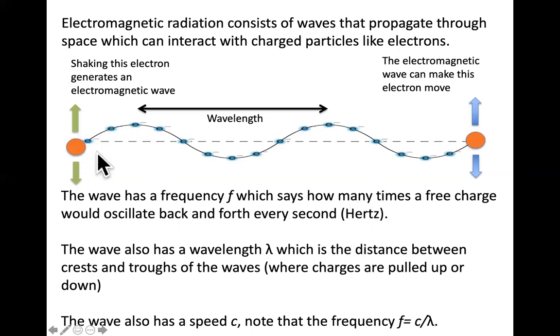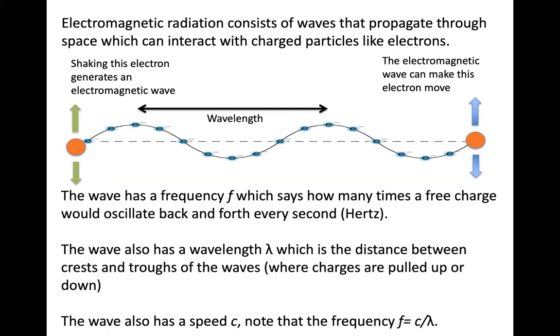So if you shake it faster, you can go at 10 hertz, maybe you can go to 100 hertz. And you can also go slower. You could go at 0.1 hertz or 0.01 hertz. There's a continuum of possibilities for the frequency.